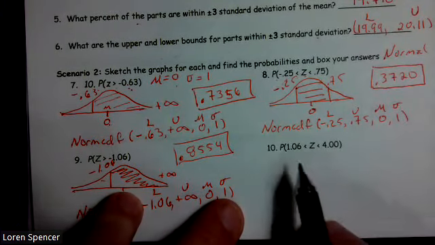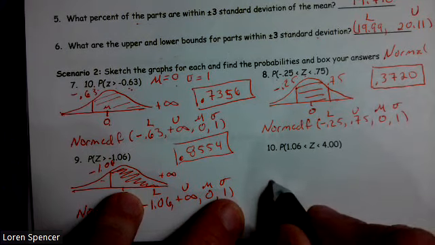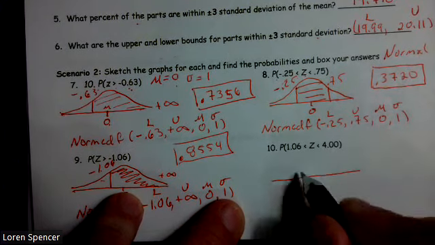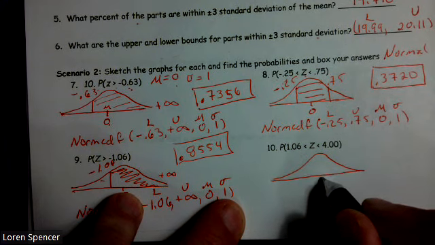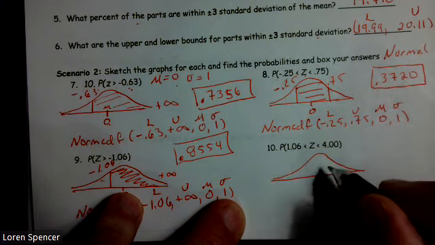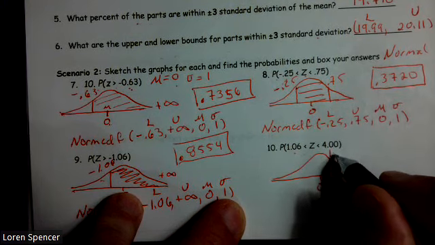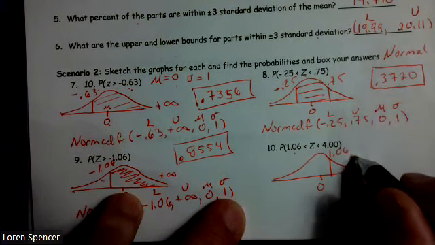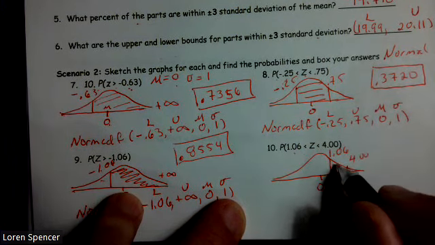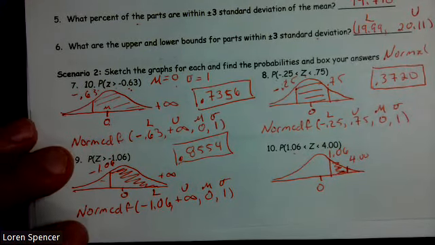We need a z-score between 1.06 and 4. Well, remember, 3 standard deviations is pretty far up there, so 4 is really far up there. So this is 0. This is a positive 1.06, so I need to be above 0. This is a positive 4. So that's our shaded area.